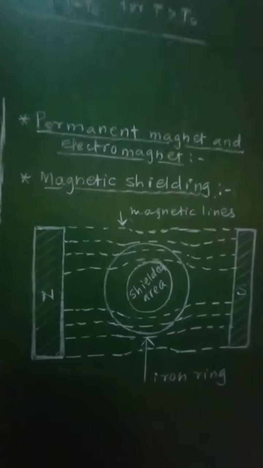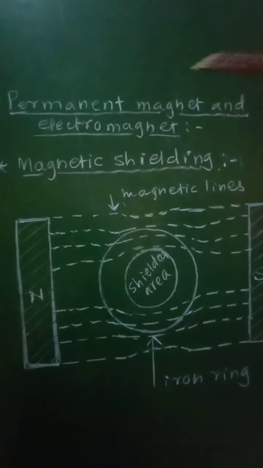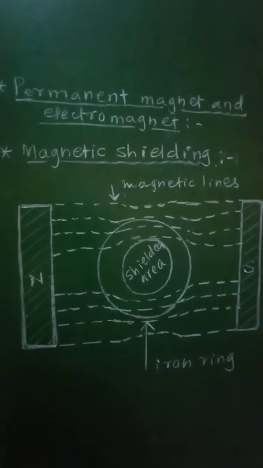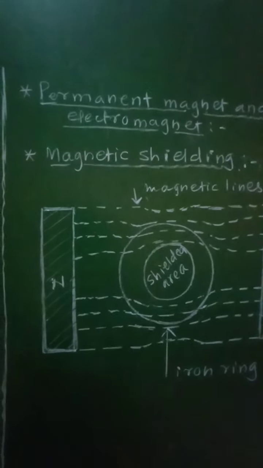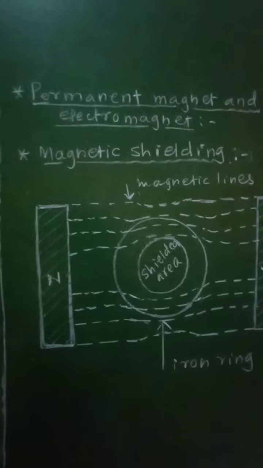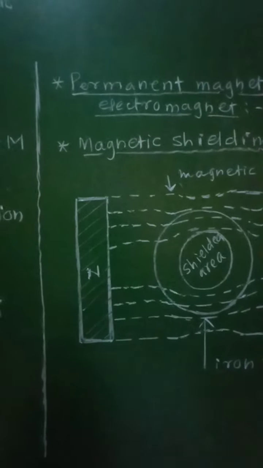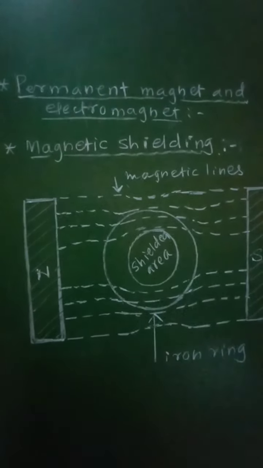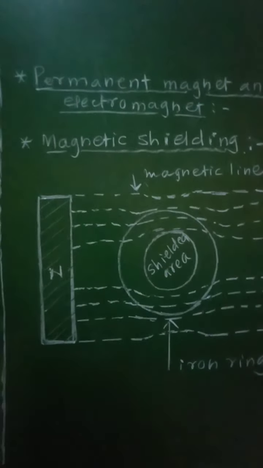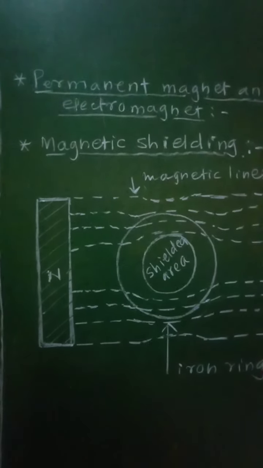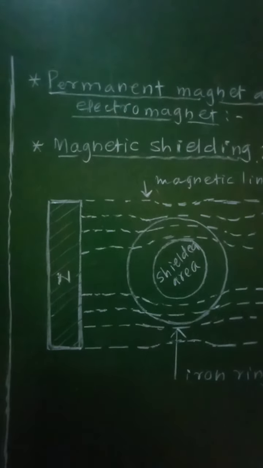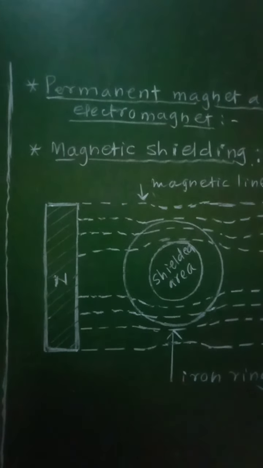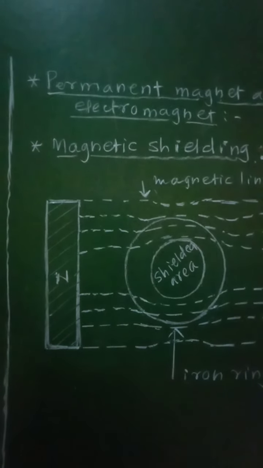Now let us consider the next point, that is the permanent magnet and the electromagnet. What are these permanent magnets and electromagnets? In order to prepare permanent magnets or electromagnets, iron material is used. In one case it will be soft iron, in the other case hard iron. Permanent magnets are prepared by using a hard ferromagnetic rod.